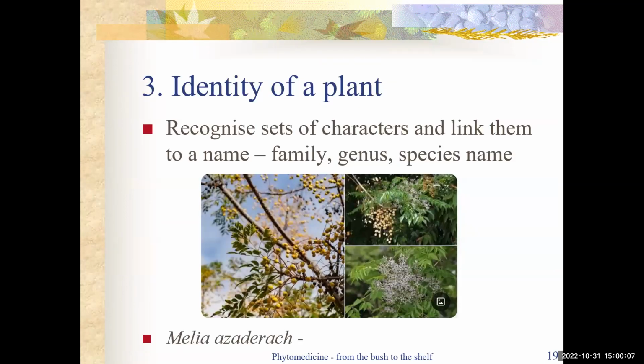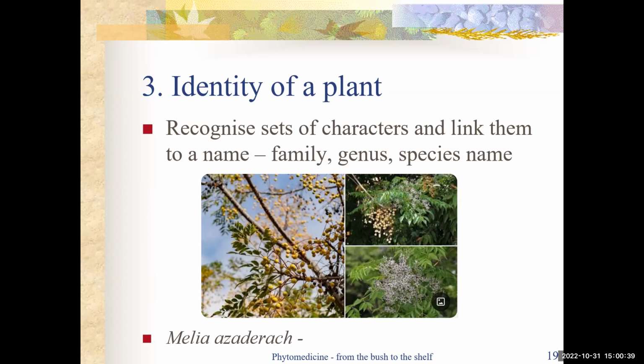Now, how do we identify plant material? What we normally do is to look at the characteristics of the plant. How does it look? How are the flowers? How are the leaves? We have a whole description of different leaves and flowers and fruits. So at that point, you may need to go through some of those characteristics and study them.